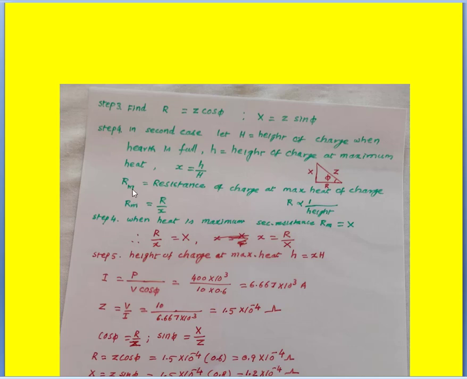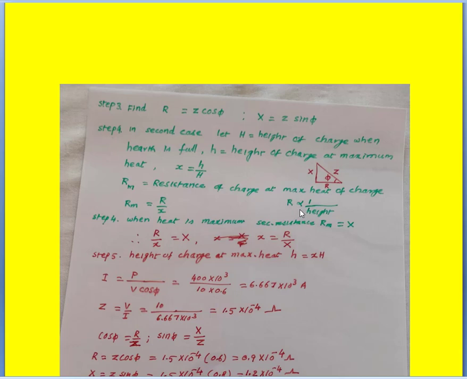Let Rm be the resistance of the charge at maximum heat. Then we can write it in terms of capital R, the resistance of the charge when the hearth is full, divided by some x.